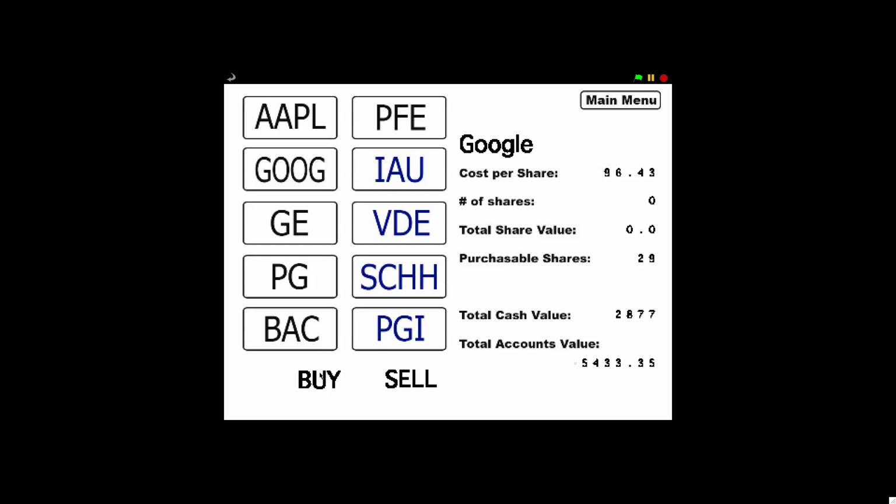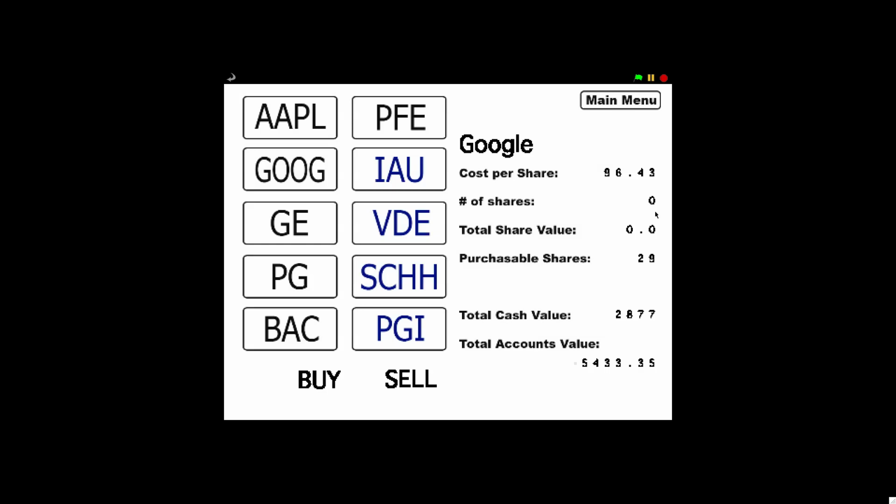So each stock, these aren't the real stock values. We used stock values that were moderately proportionate, but we wanted to give a better set of numbers that would be easier to learn with. So with $5,000, you can still choose, like, there's more expensive stocks like Apple and Google, and then there's cheaper ones. So which ones are best to invest in?